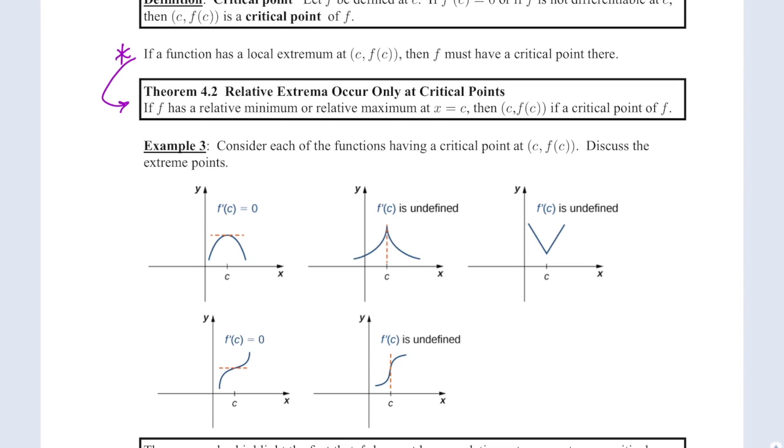The first one, at c, f of c, I can see the derivative is 0 because there's a horizontal tangent line and there is a local max at c, f of c. The next one, there's a sharp turn in the graph, so I can see f prime of c would be undefined, and there's also a local max at c, f of c.